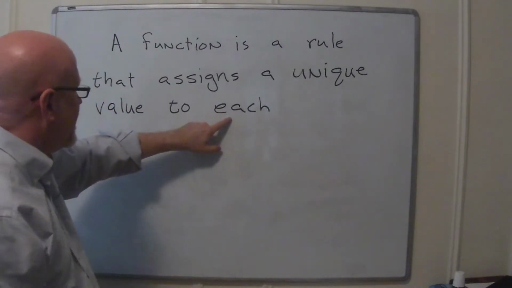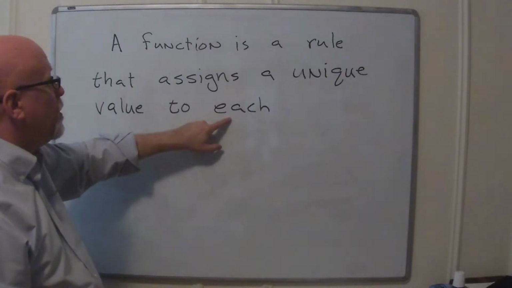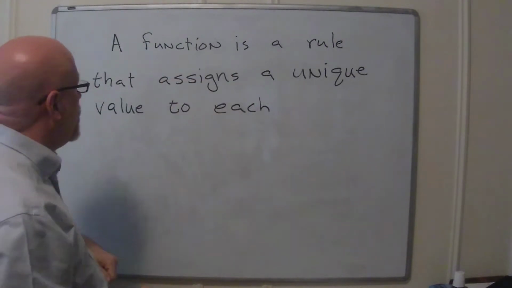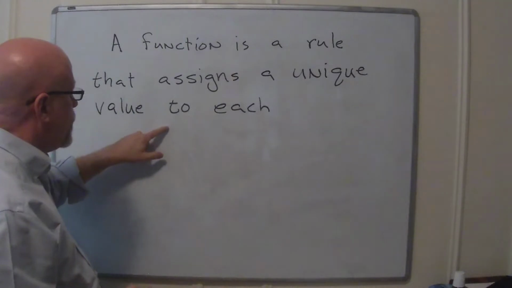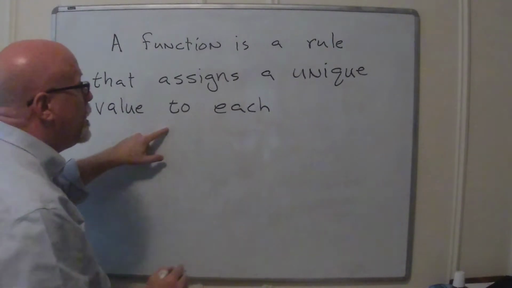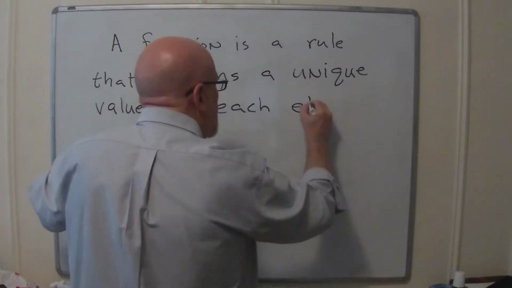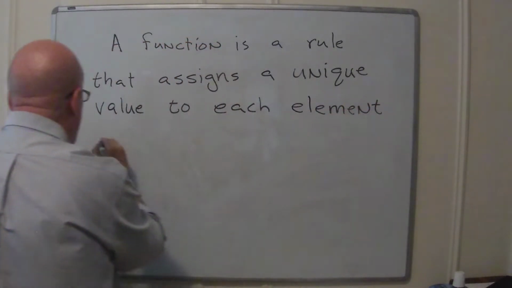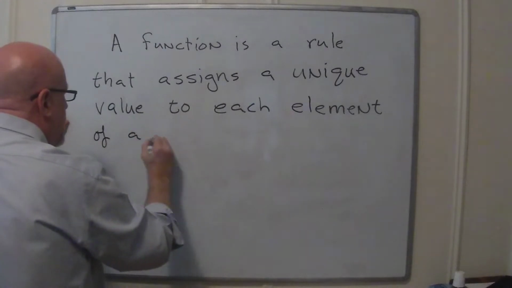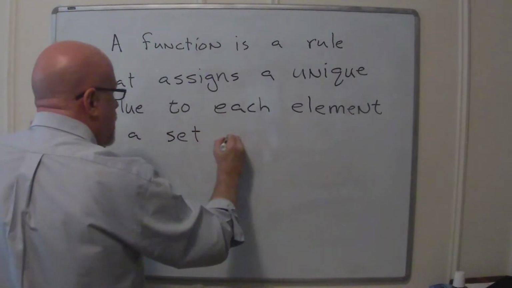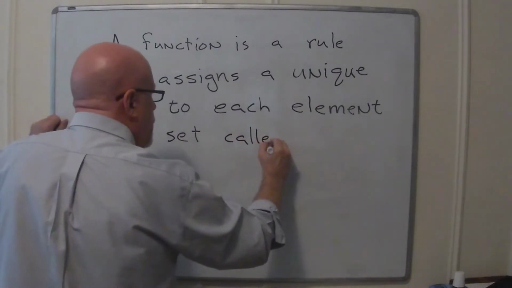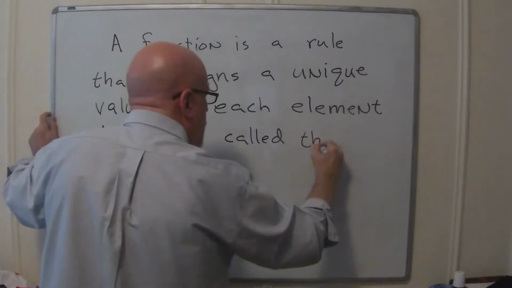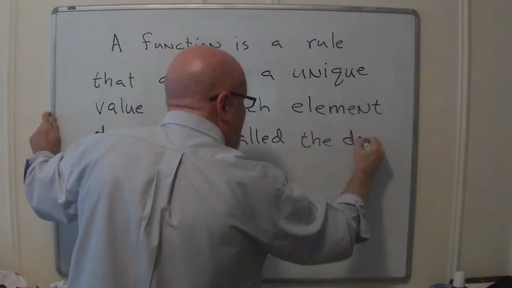Now I'm about to say one of those terms that I think everybody's heard before. The inputs for a function that get sent to some value are members of a set called the domain. So the domain is not the same for every function.